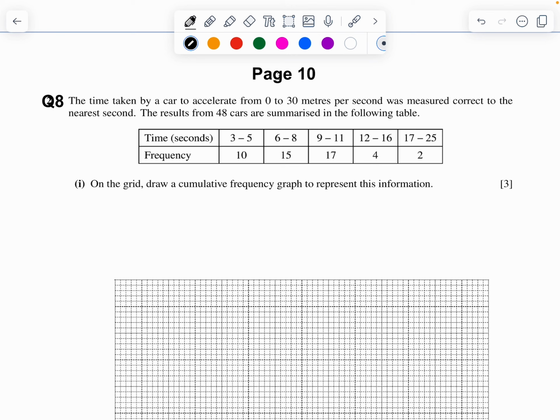So we have to draw the cumulative frequency. First of all, we have to make a cumulative frequency table for that. So I make CF. What does that become now? First one is going to be 10 itself only. Next one is 25. Next one is 42. Then 46 and 50.